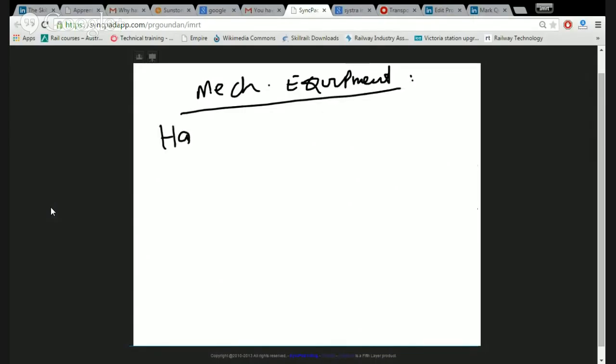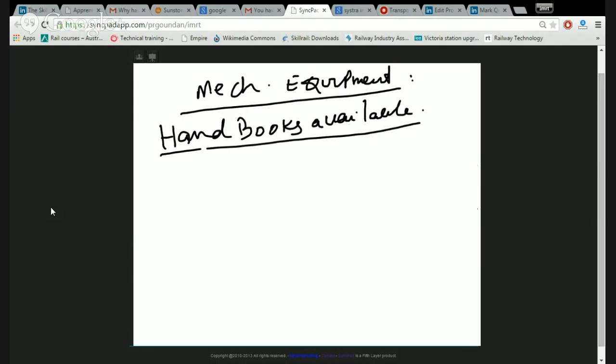So mechanical equipment we will see now. But for this also, handbooks are available. One such handbook is by the US Navy.